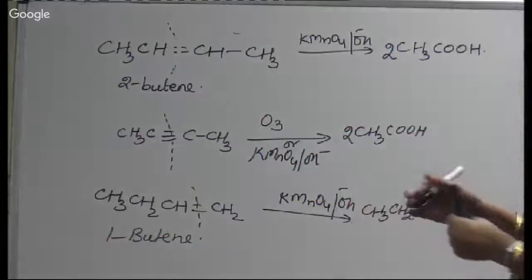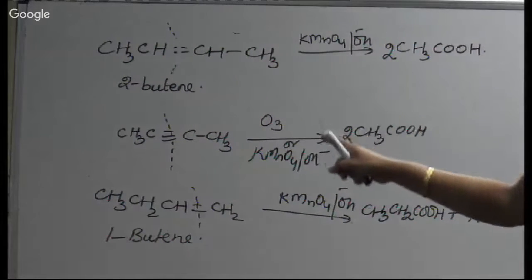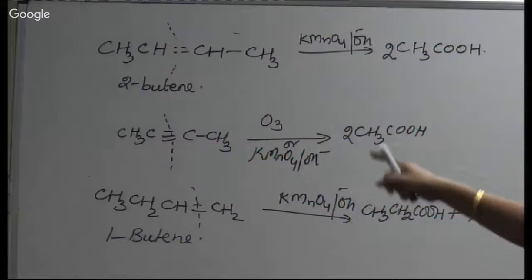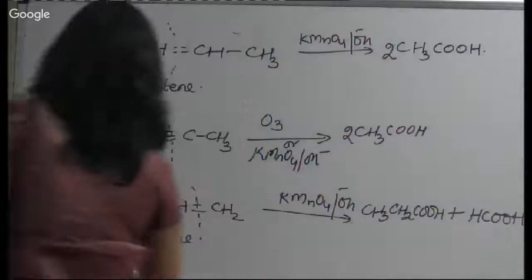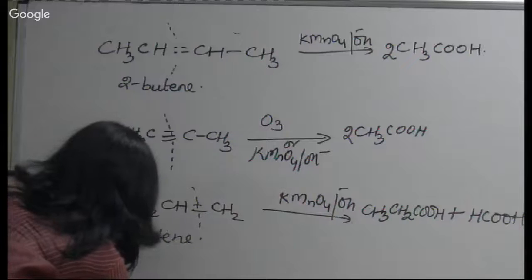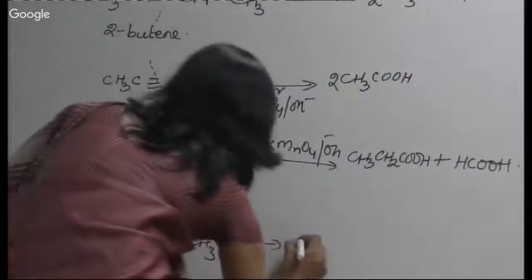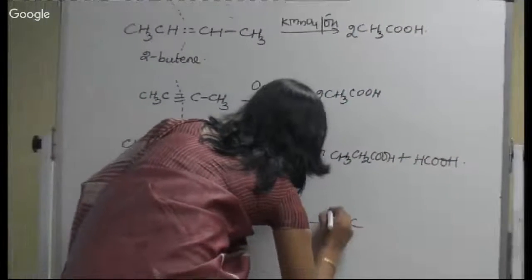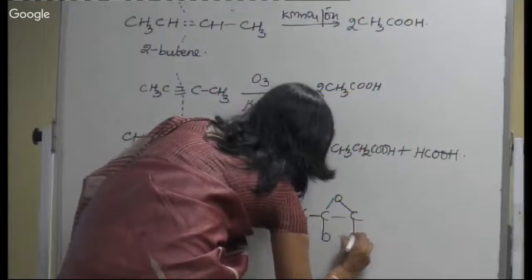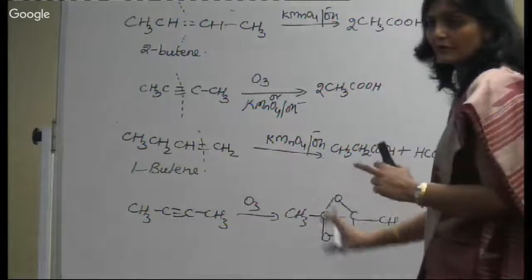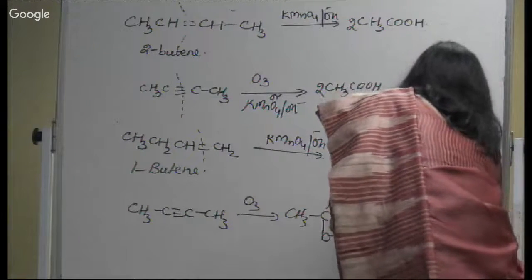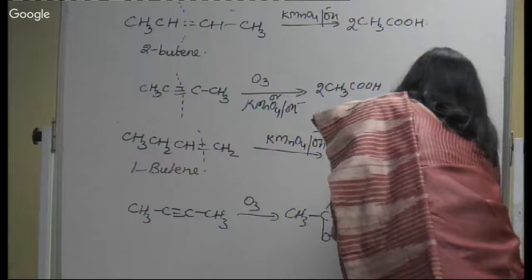Now please see, can you tell me how this ozonolysis reaction takes place for alkyne? How does the reaction proceed? The ozonolysis reaction, if I have an alkyne, how will the reaction take place? You will have this product being formed, right? And then it will give you on hydrolysis a dicarbonyl compound.